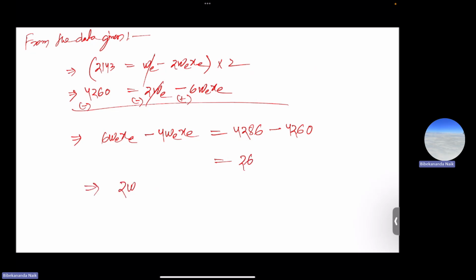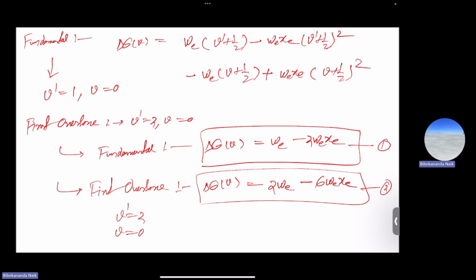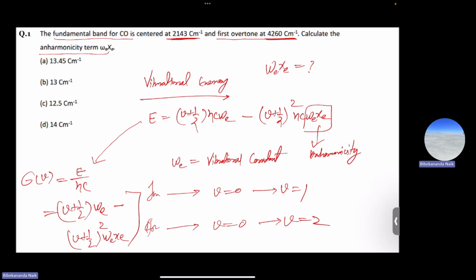That implies 2 omega E xc is 26, and omega E xc is equal to 13 centimeter inverse. So this is the answer, and the correct option will be option B, 13 centimeter inverse.